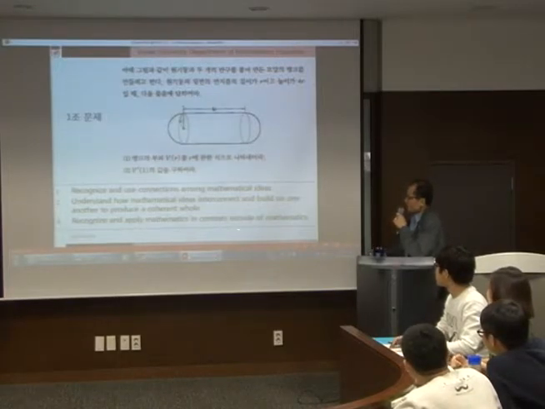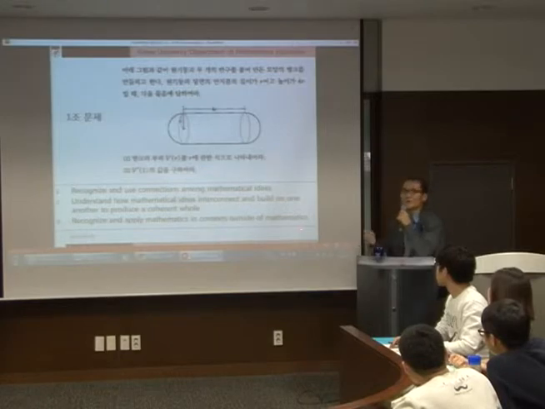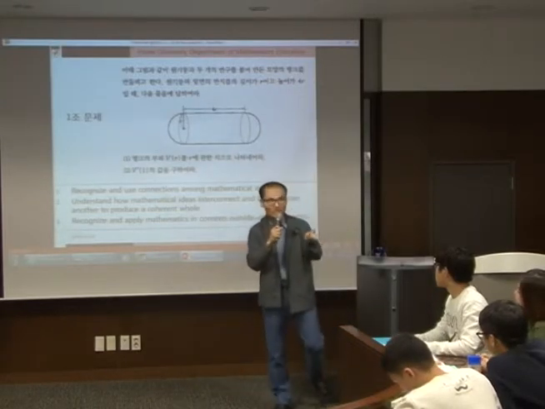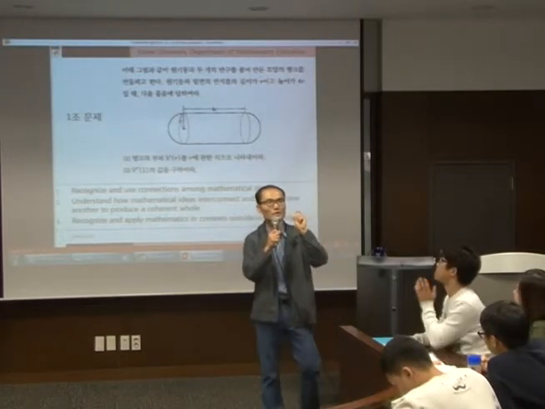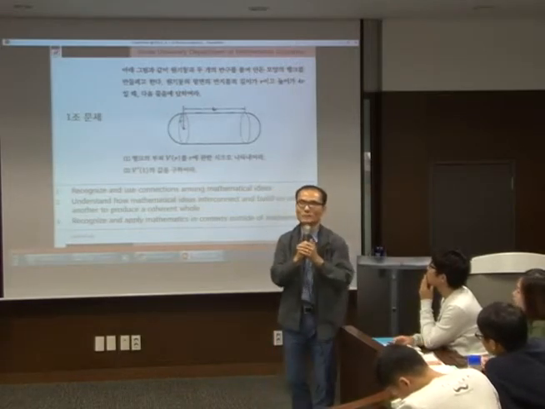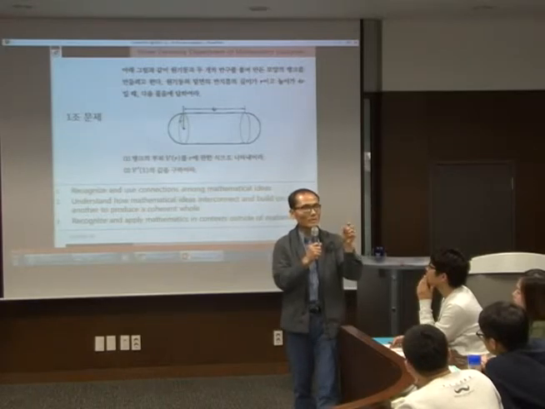So one of the important things under the category of connection, you should carefully understand this part. Outside of mathematics, what is the meaning of that? According to the NCTM standard, if you read their description carefully, you still can debate this issue. But from my perspective, outside of mathematics means, so they provide several examples.